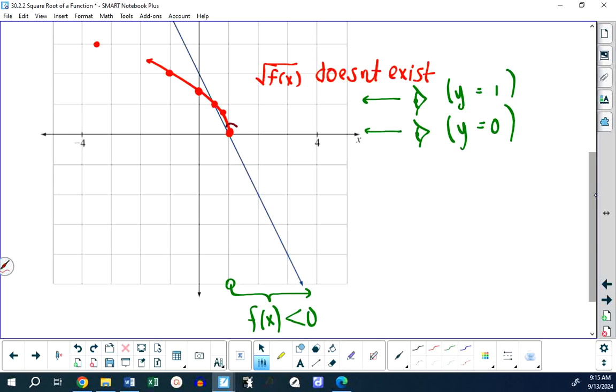This is hard for me to communicate with a diagram, but I'm going to do this. It exists at positive 1 because the y coordinate at positive 1 is definable. The y coordinate is 0 and the square root of 0 is 0. You can plot it. But everywhere to the right of positive 1 on the original graph is below the x-axis. The y coordinates are negative, which means everywhere to the right of positive 1 on the square root of the function, there's nothing there. All right?